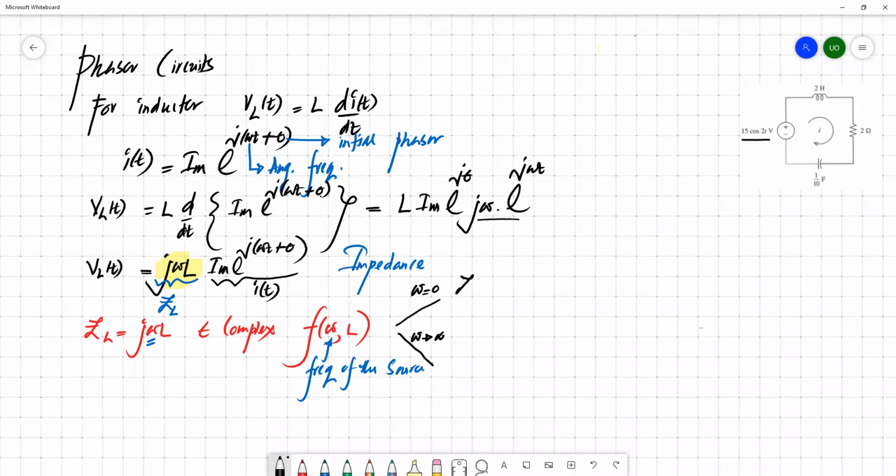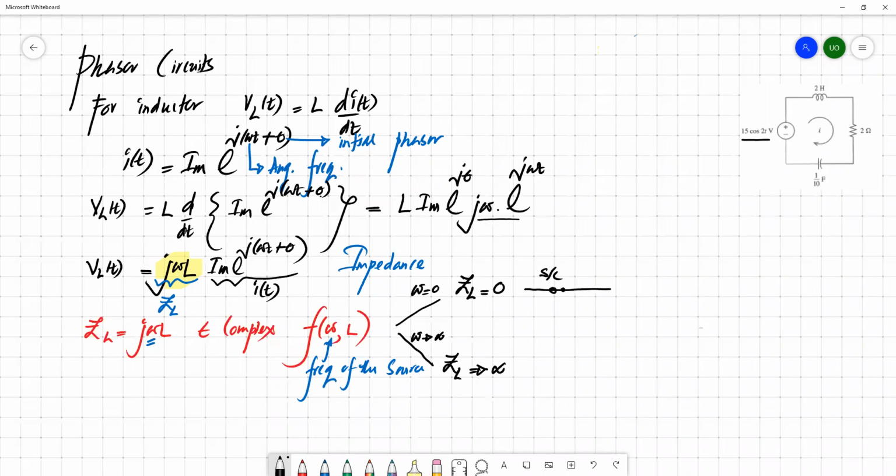What about omega equals 0? Then ZL, the impedance of the inductor, converges to 0. If omega equals infinity, the impedance goes to infinity. Ideally, impedance 0 means we can replace the inductor with a short circuit element.